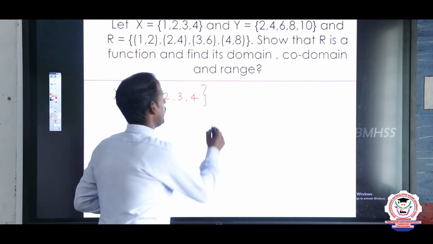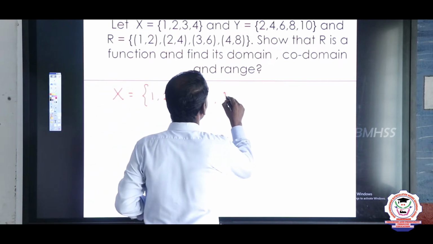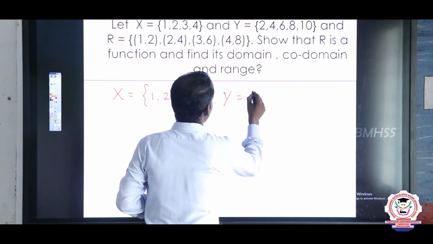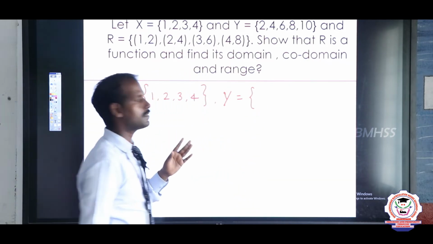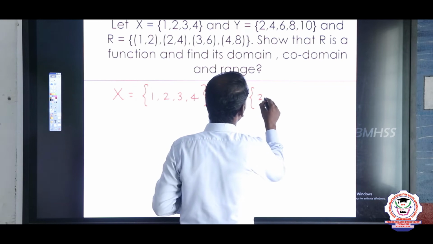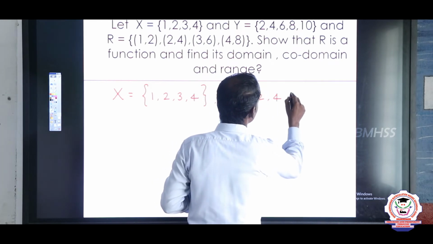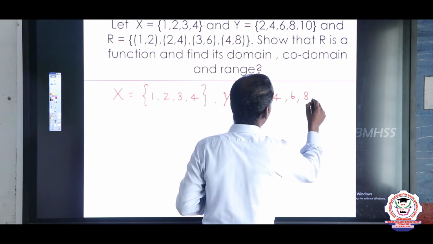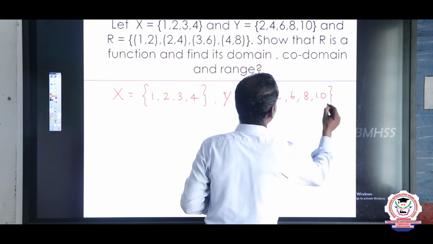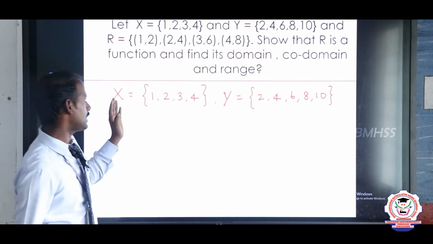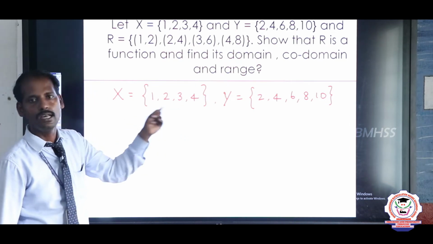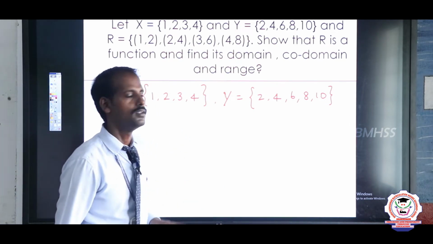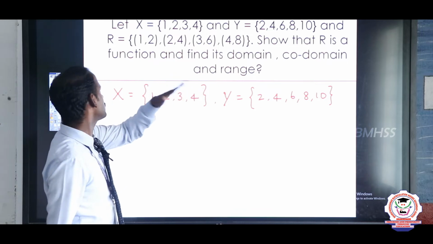Then the second, Y set. What are the elements of the Y set? 2, 4, 6, 8, 10. So X is one set with elements 1, 2, 3, 4, and the Y set is 2, 4, 6, 8, 10. So here, show that R is a function.